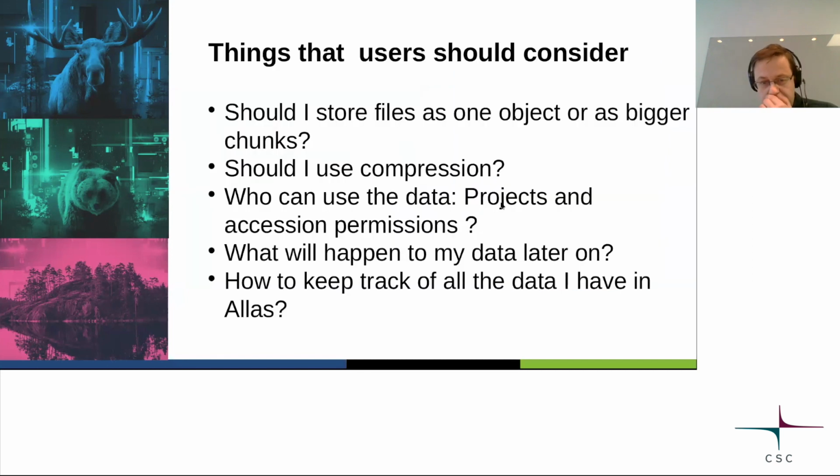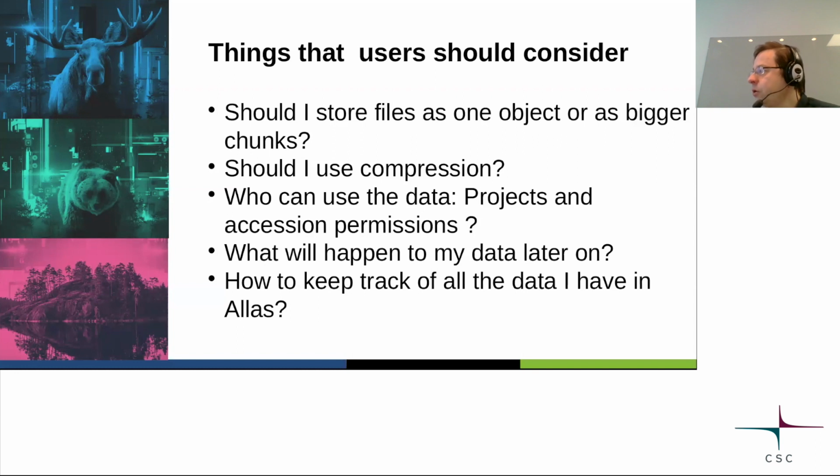Let's see soon how this will be done in practice, but there are still some things to think about when you are starting to use this. You should think about whether it is reasonable to store the data so that one file matches one object, or whether you should store it in bigger chunks. It depends on the case.